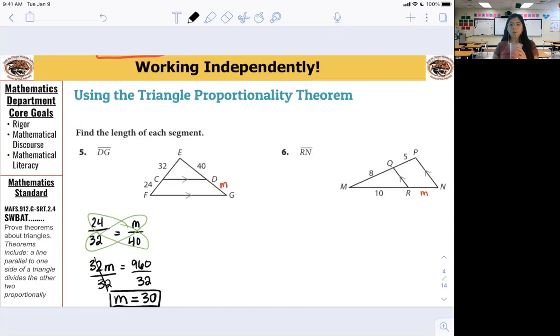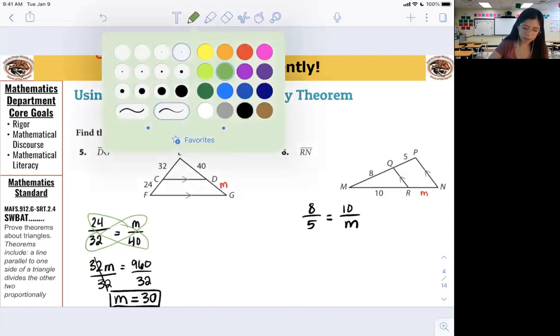There's more than one answer, but what's one way I could write it down? All right, so MQ over QP, so 8 over 5 equals 10 over M. Good. Or the other way around, 10 over M equals 8 over 5. Same exact answer, no matter which way you do it.